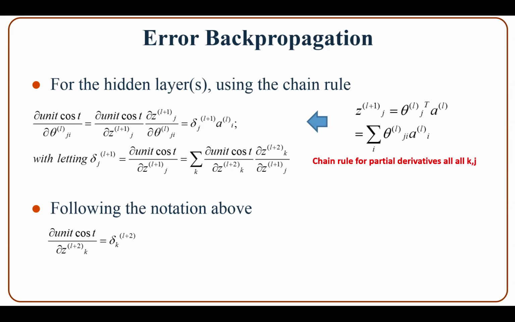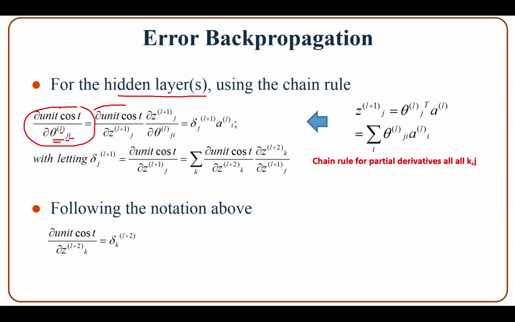For the hidden layer or layers, the partial derivative of the unit cost with respect to theta at layer L connecting node j in layer L plus 1 to node i in layer L. Here we use the same chain rule, right?